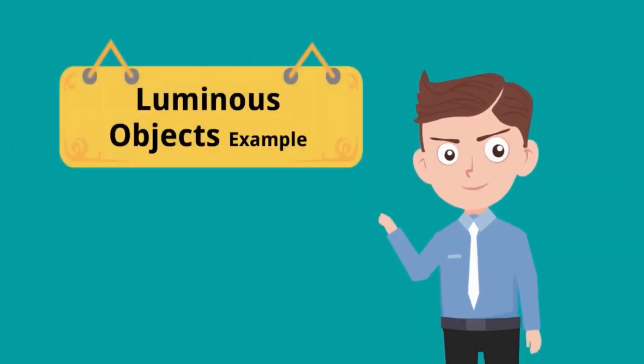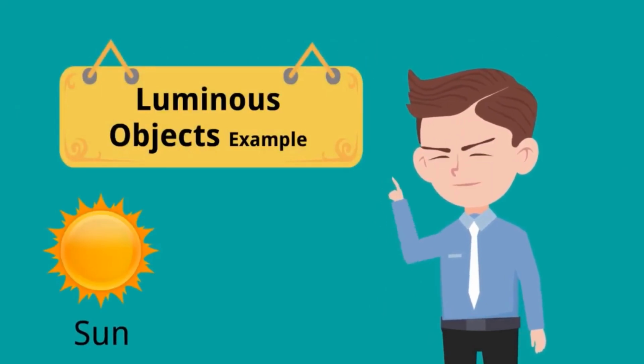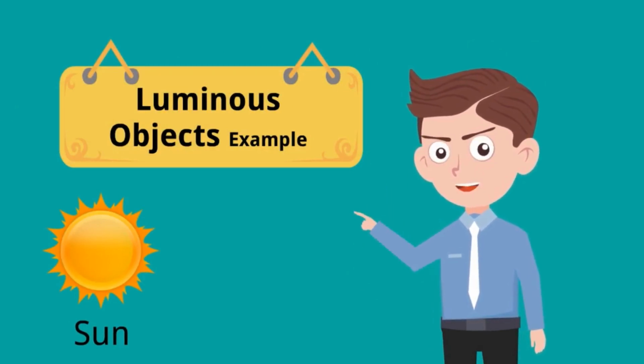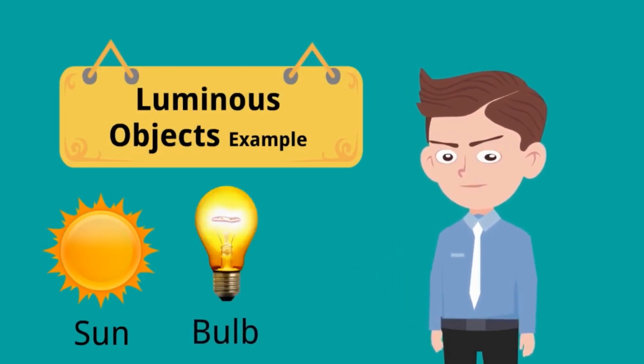Luminous objects, for example the sun. The sun is the ultimate source of light in our universe. We get light from the sun, so the sun is a luminous object. Bulb: at night we switch on our bulb and we are able to see. So the bulb gives light, so it's a luminous object.